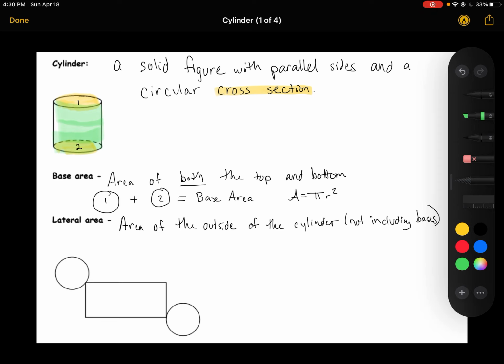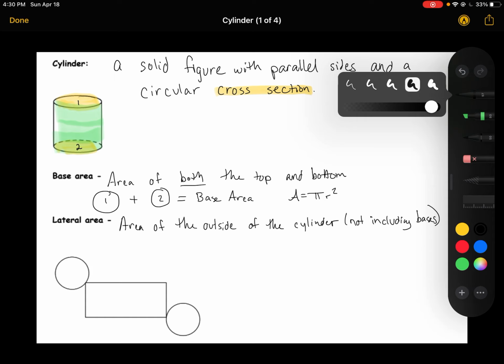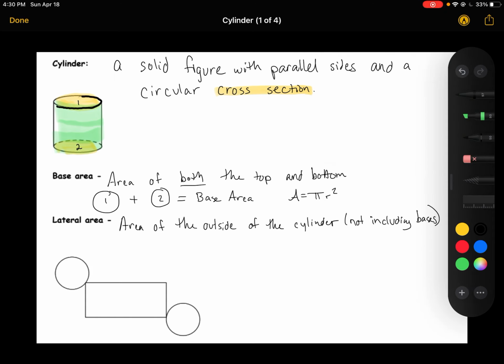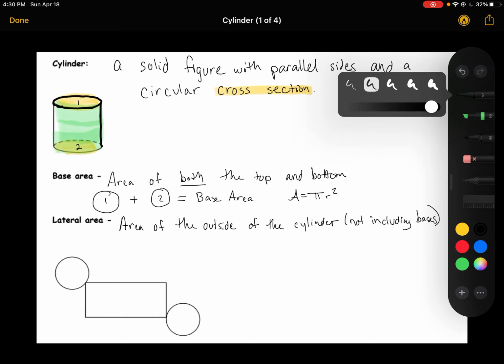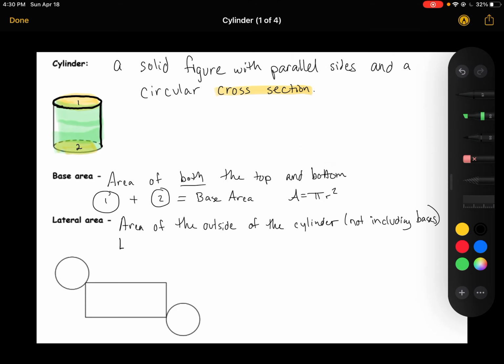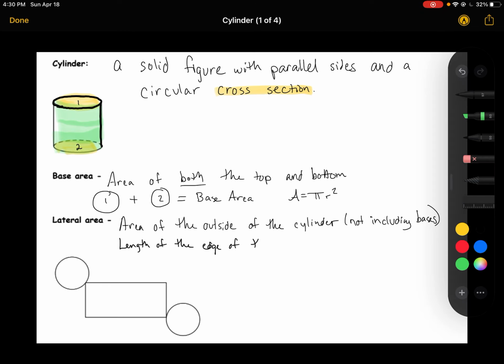What we do for this one is we take, just like before, the perimeter, like the outside edge, and then multiply that by the height. In this case, because we are working with a circle, we don't quite call it the perimeter, but it's the same concept.